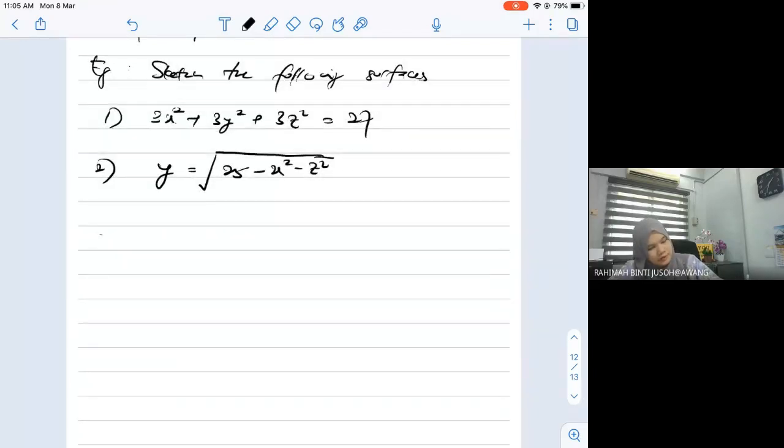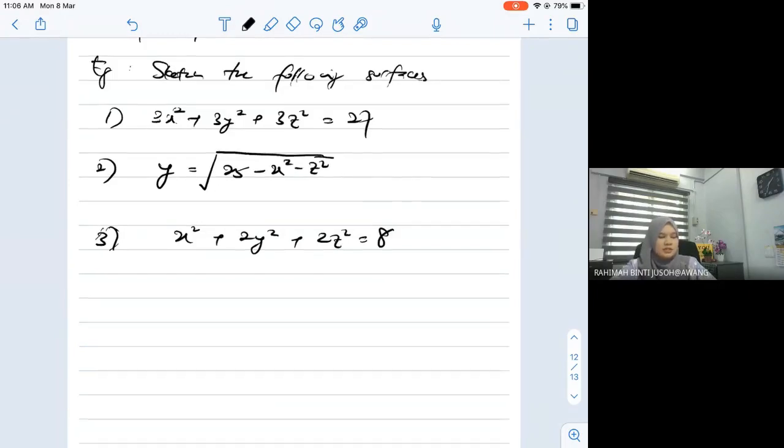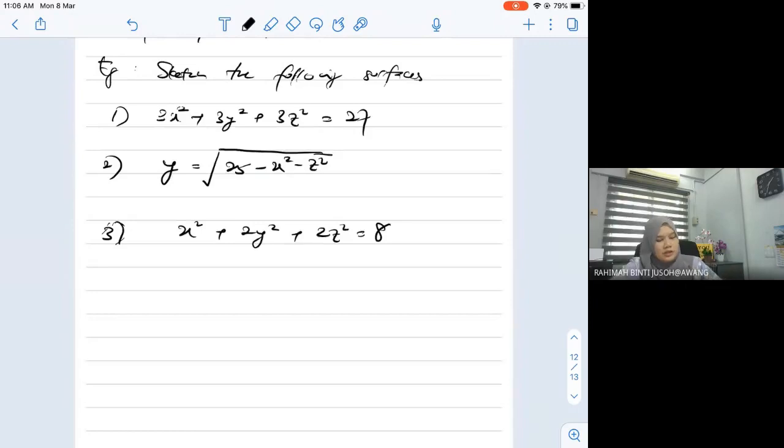And then number 3, let's say we have x² plus 2y² plus 2z² equals to, let's say 8. 16 divided by 2 should be 8 lah. Okay, macam tu. Okay, there are 3 equations here. So let's do one by one. Solution.